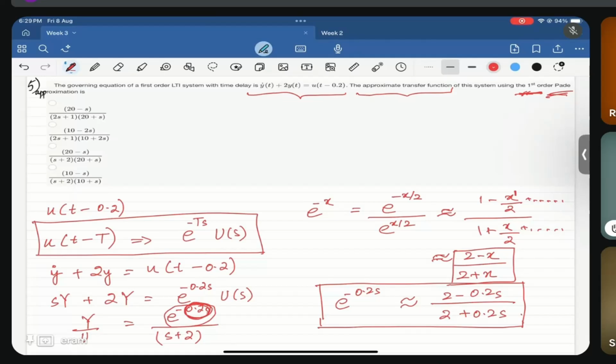So now it is very easy. You have all the Laplace transforms. You have to just put their values and calculate the overall transfer function.